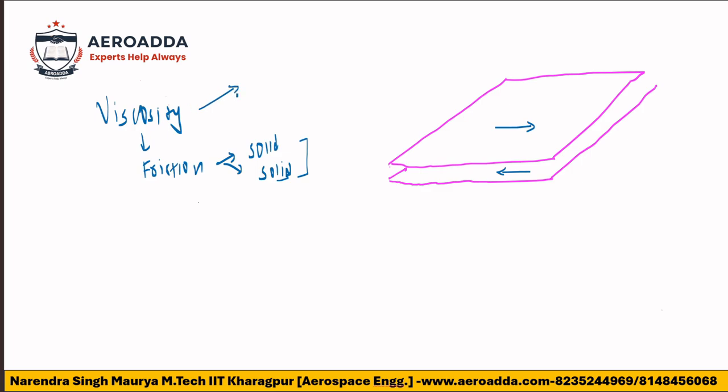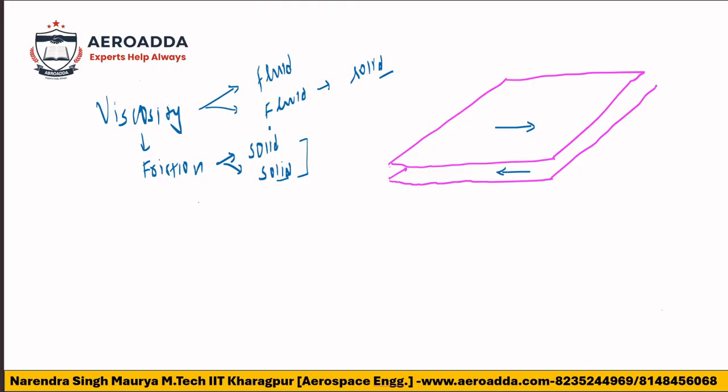Similarly, viscosity is also friction, but it is between fluid and fluid, or fluid and solid also, like the bottom layer which is attached to the solid surface of the plate. So viscous effect can work between fluid and solid, and fluid and fluid obviously. So it will oppose one layer to another layer. I hope it is very clear to all.